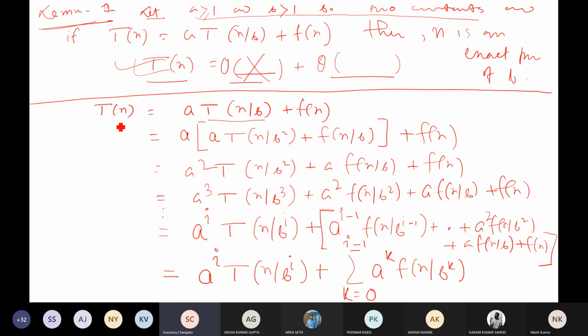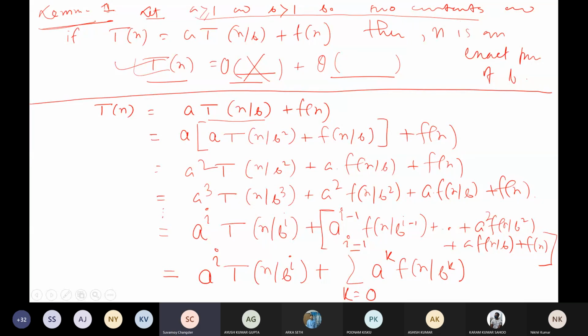So now T(n) can be expressed as a^i T(n/b^i) plus the sum of a^k f(n/b^k) in this way, and k varies from 0 to i minus 1.